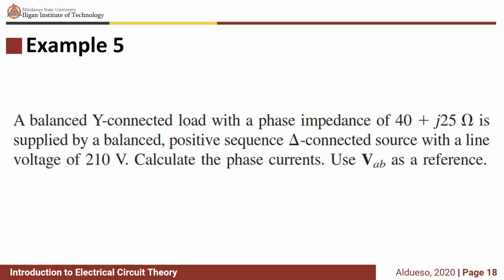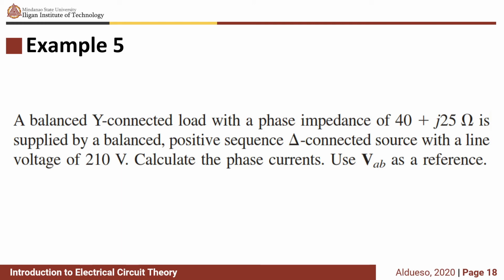For this example, we have a balanced Y connected load with a phase impedance of 40 plus J25 ohms supplied by a balanced positive sequence delta connected source with a line voltage of 210 volts.